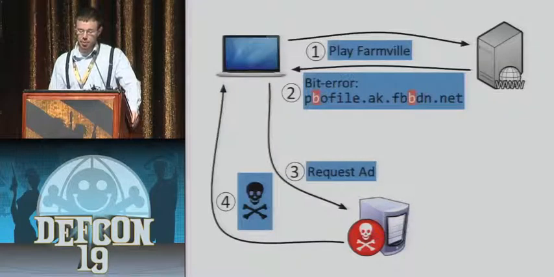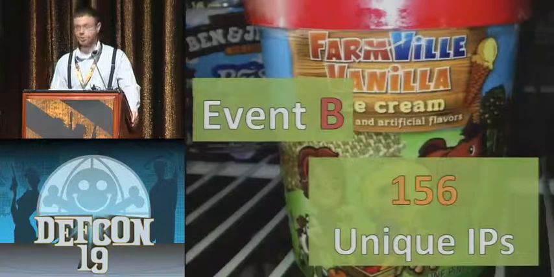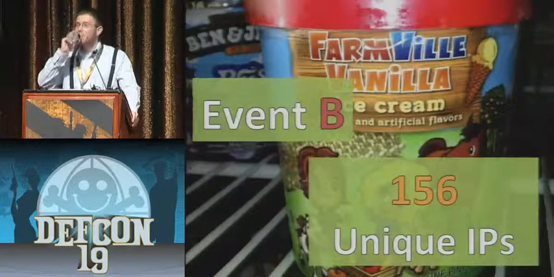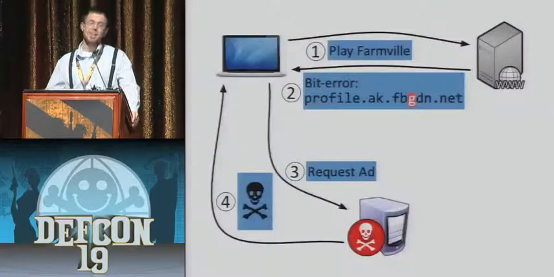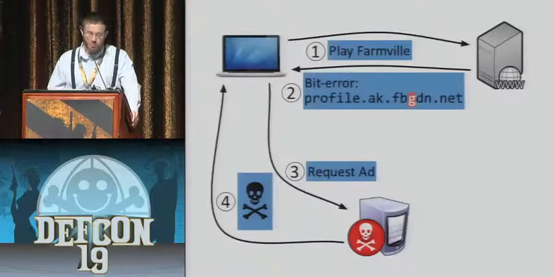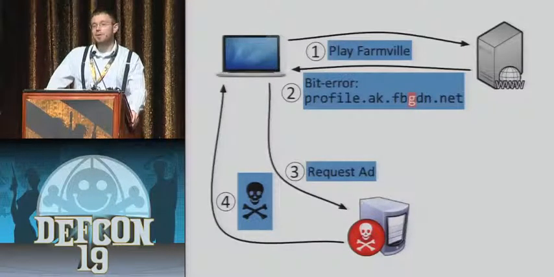Event B was 456 unique IPs, and the cause of that was also Farmville. The reasoning behind it was pretty much the same, except the bit error here was different. You would play Farmville, and a bit error changes fbcdn.net to fbgdn.net.